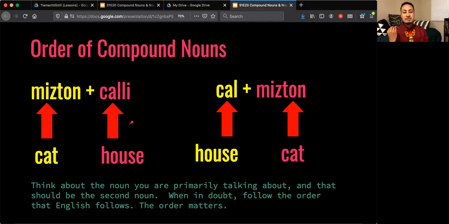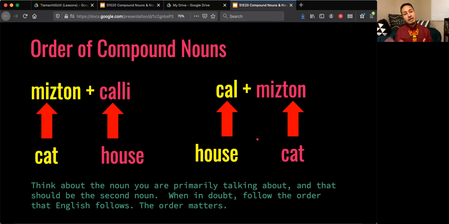The house is the main focus, and the cat modifies it and tells you what kind of house it is, a house for cats. Versus if you want to say house cat, your main focus is the cat, and you're saying what kind of cat it is, a cat that belongs in a house. So it would be calmiston that way.